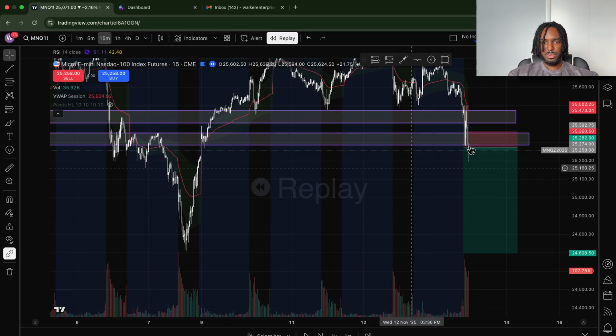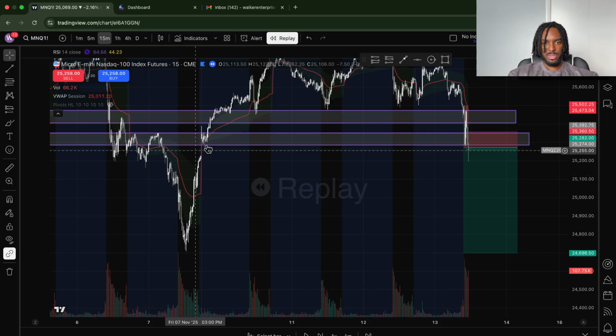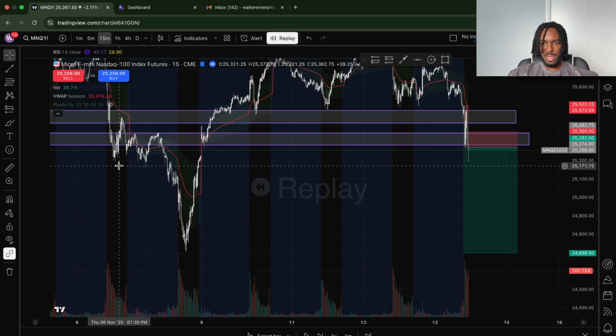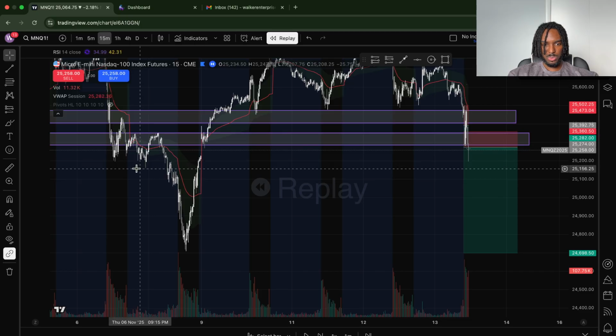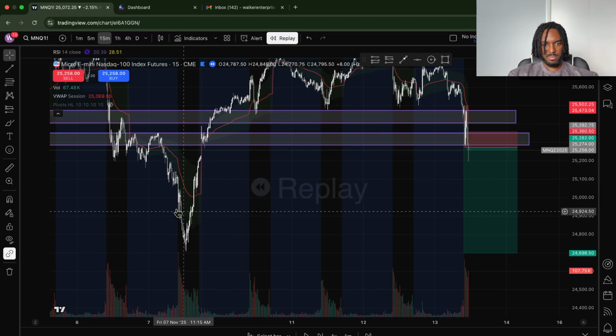But very simple strategy overall. The level that I would really be targeting first would be this pivot low, right? Because these were pre-market levels, these don't hold too much weight. However, they're still important to take profits at that way you don't get cooked on the way back up.